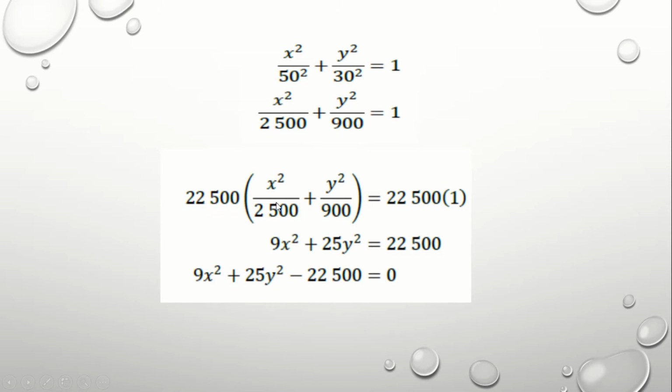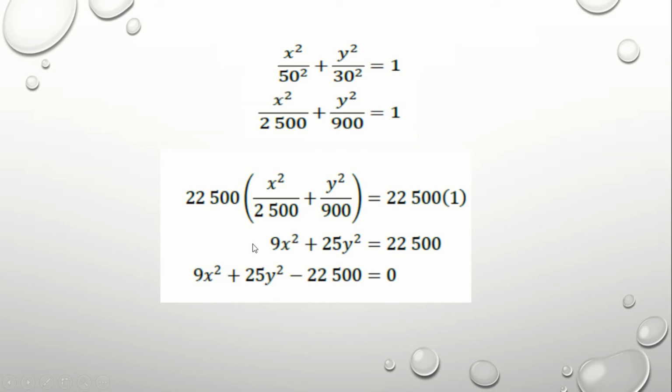22,500 times x squared over 2,500 becomes 9x squared, plus 22,500 divided by 900 becomes 25y squared, equals 22,500 times 1, which is still 22,500.